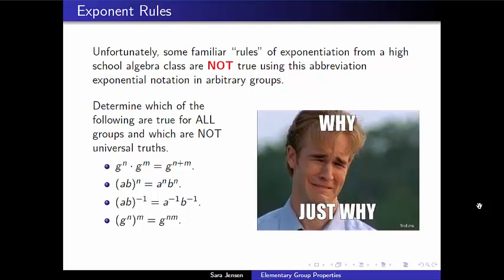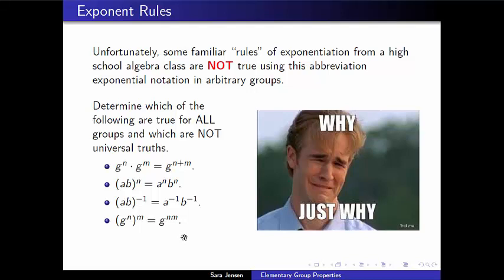So one of the things that we'll discuss when we're next together in class is which of 4 of the most common exponent rules are true and which are not. And I'd really like us to discuss why the ones that are true remain true and the ones that are false are indeed false. Now, one thing I would suggest for you is, since you have many different examples of groups, try looking for the truth of these exponent rules in examples in very different types of groups.